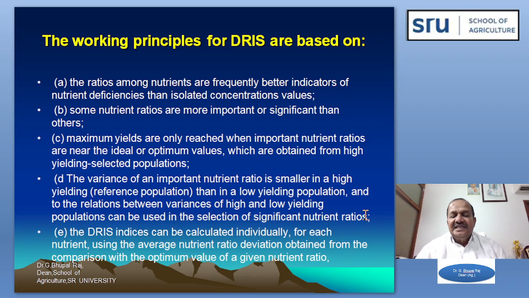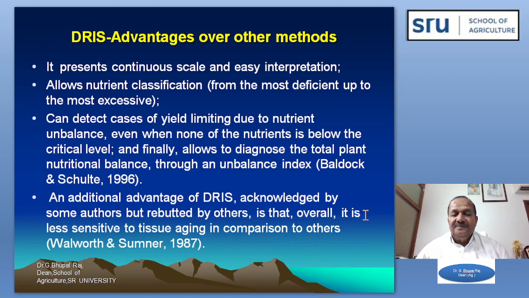Whichever variance ratio is more, that particular ratio has to be selected as a DRIS norm. The DRIS indices can be calculated individually for each nutrient using the average nutrient ratio deviation obtained from the comparison with the optimum value of the given nutrient ratio.